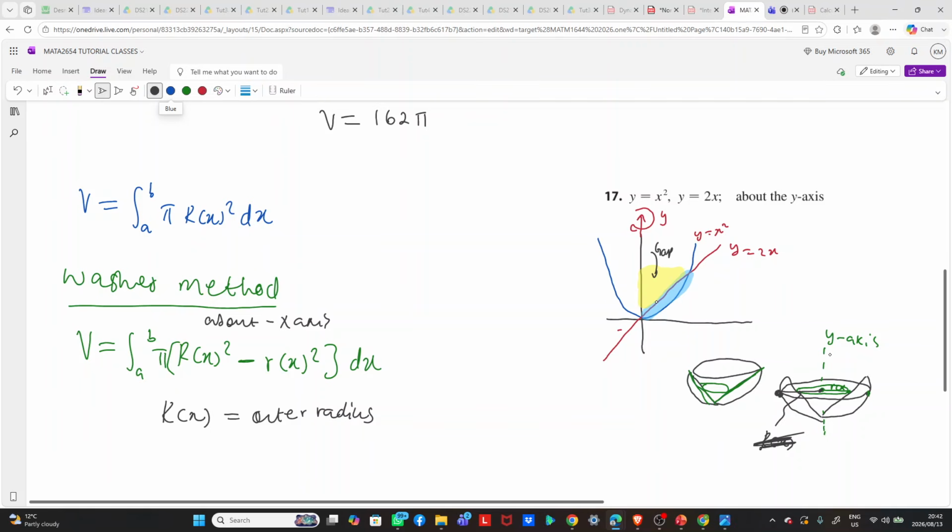When we're going about the y-axis, we'll use the functions R of y and r of y. So your outer R of x is the outer radius, and small r of x is the inner radius. That is what we're going to have.